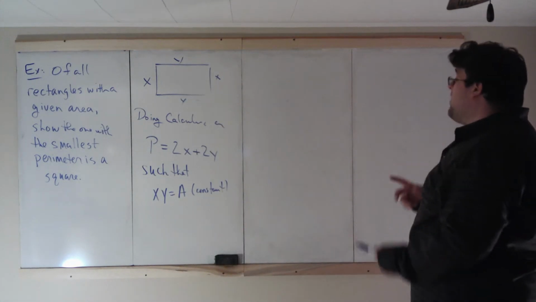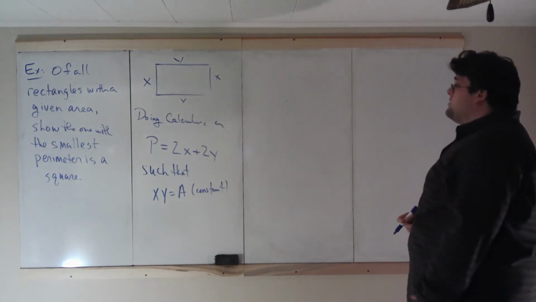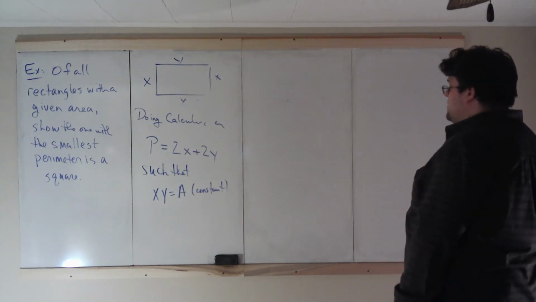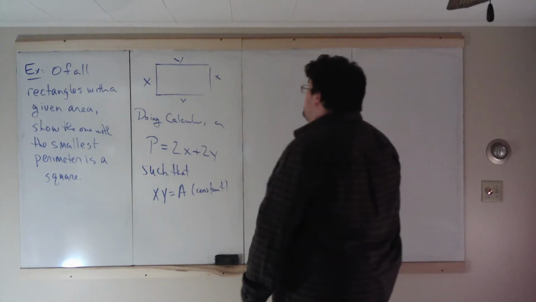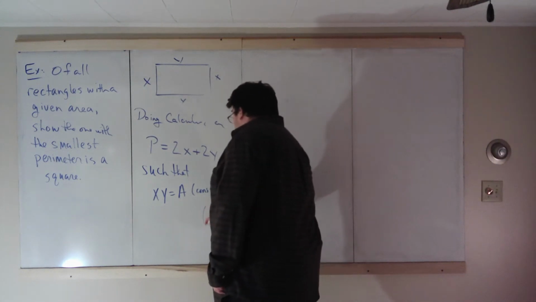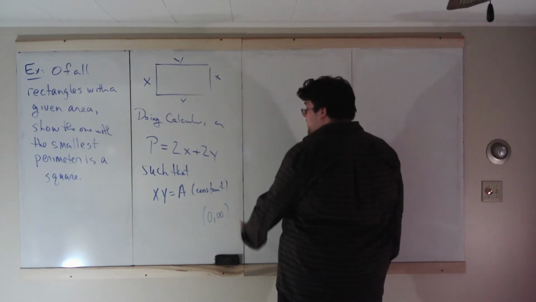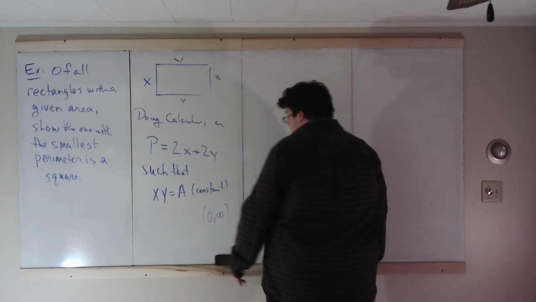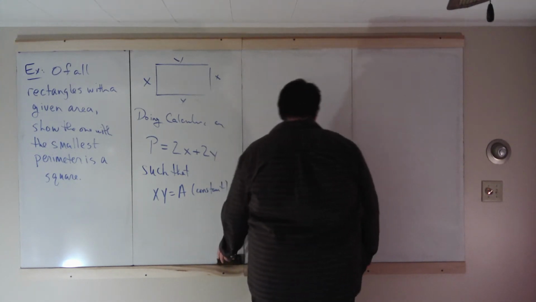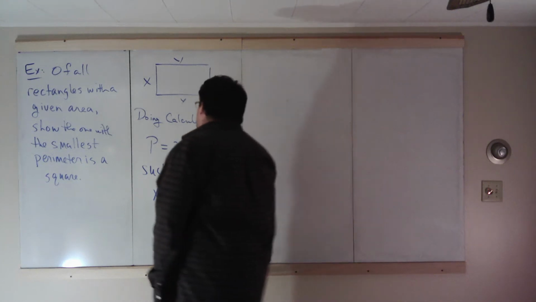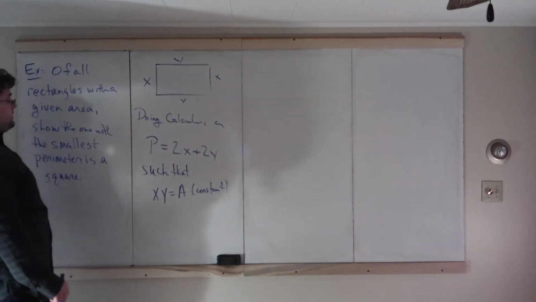Now, this information does not give us a closed and bounded set on which our variables are defined. Because again, with this one, x and y can both be anything from 0 to infinity, not equal to 0. So we're going to need a second derivative argument eventually. But let's first get rid of a variable in our perimeter function. Let's get rid of y.